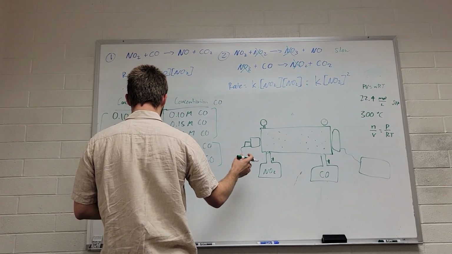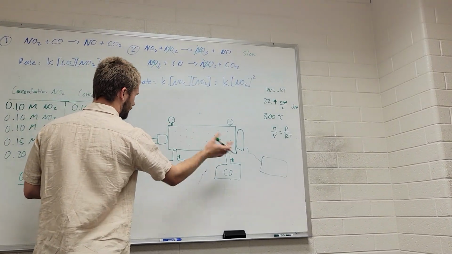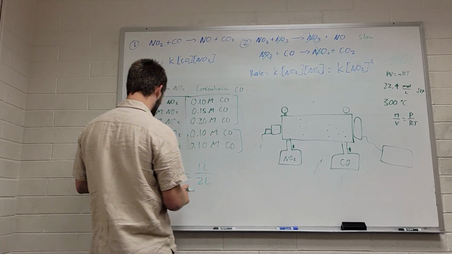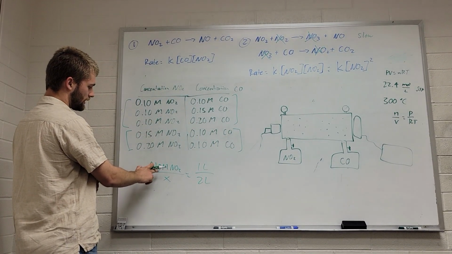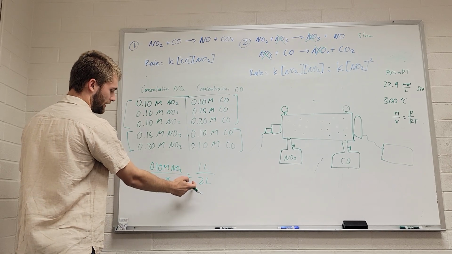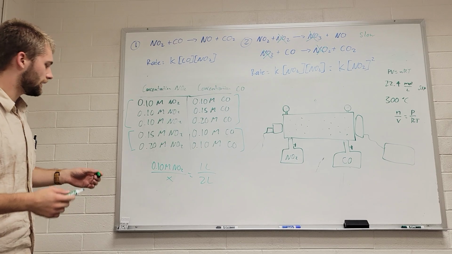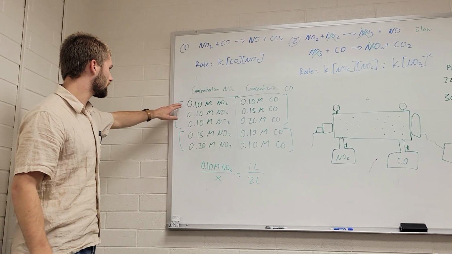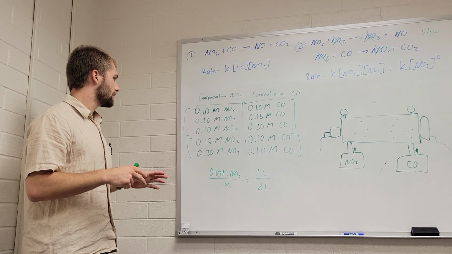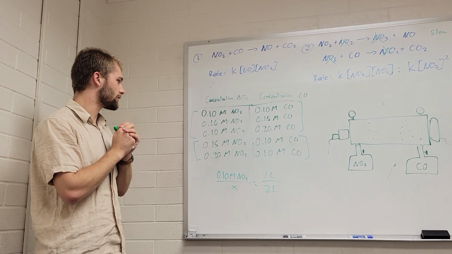Let's say it's 1 liter, and then 2 liters together. The molarity of nitrogen dioxide is 0.10 at 1 liter, but we now make it 2 liters, so you have to multiply across and divide. That's how you're going to determine the new concentration for all of the gases. That way, when you do the data analysis, you can see the proportions. Okay, is it doubling, is it quadrupling, and so on and so forth.